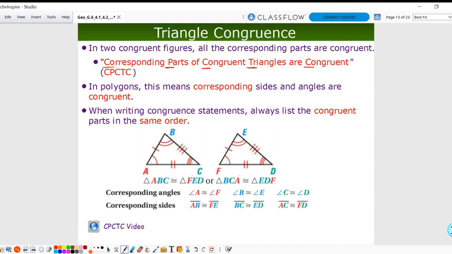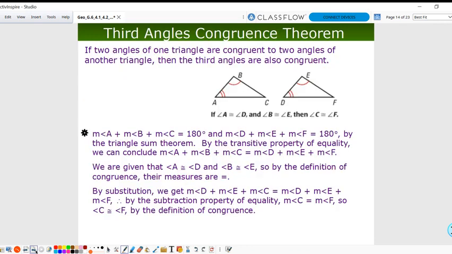And the way I order my triangle, if I say triangle ABC, I'm telling you that AB is congruent to FE, and BC is congruent to ED. And this is a little weird connection, but CA is congruent to DF. I have to name it in the order that my triangle lists its congruent sides and angles.